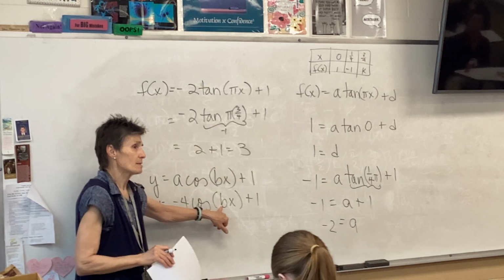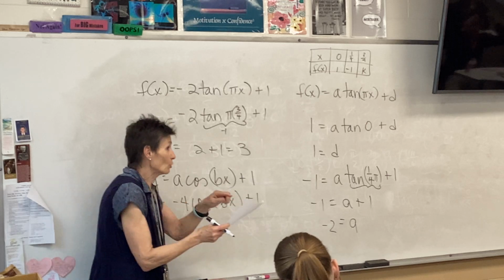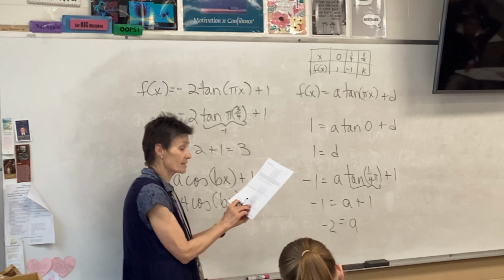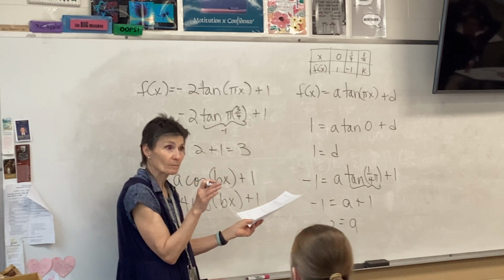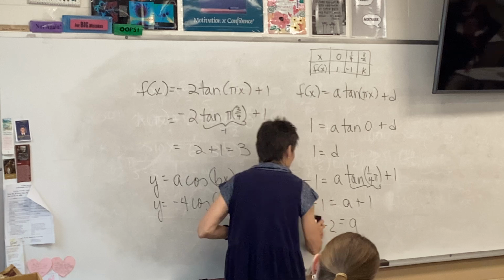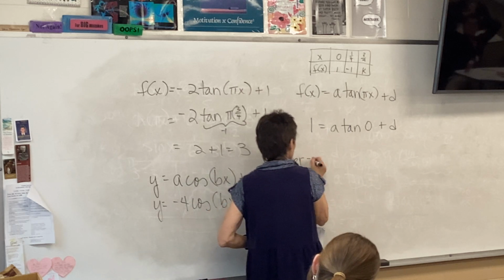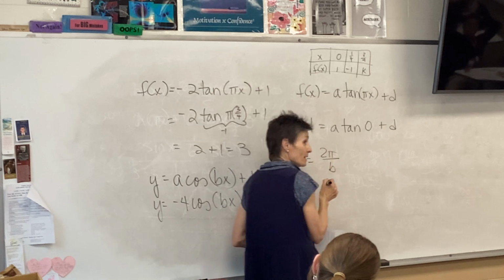Can we tell what B is? Well, we have to look at what the period is. So it looks like the period of this thing is 4 pi. And we know that period, this is another thing to remember, for sine and cosine, period is 2 pi divided by b.